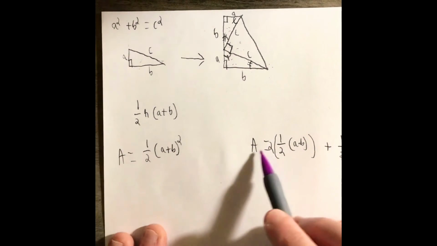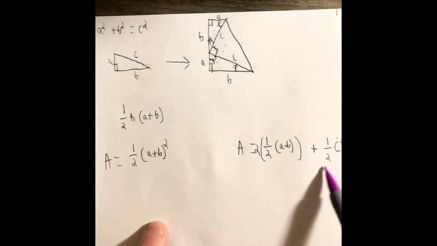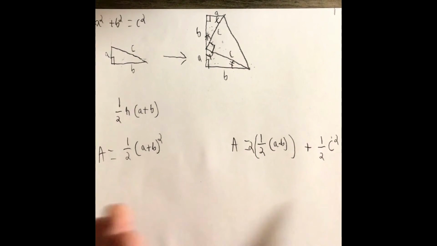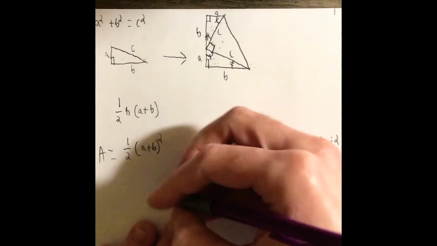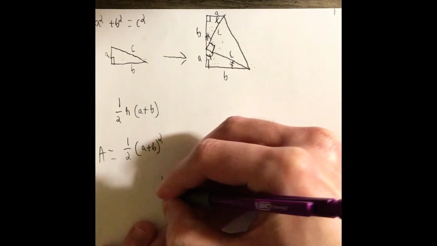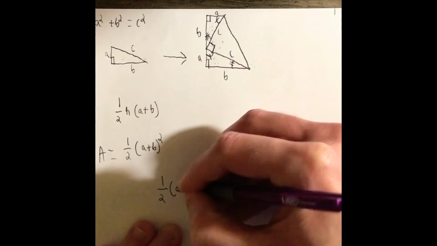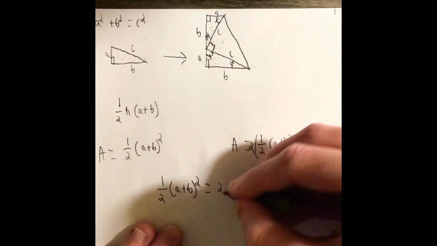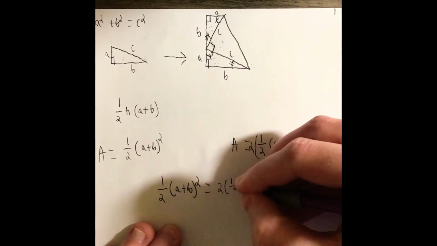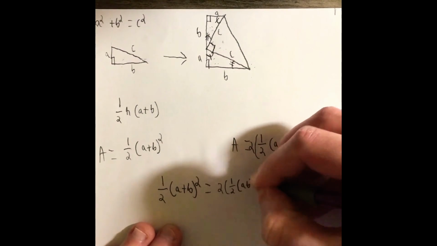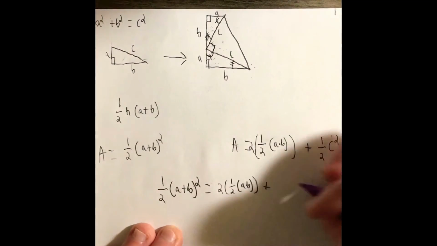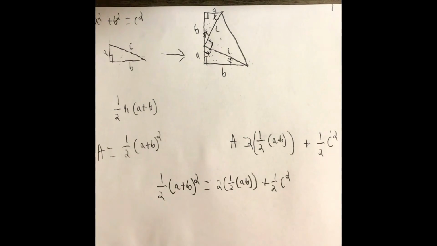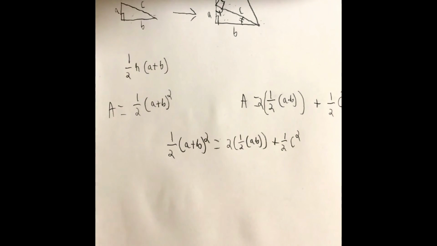Okay, so now you have the area represented in two different ways. Sorry, that kind of went off the page there. So area is represented in two different ways. So now you can say 1/2 (a plus b) squared equals 2 times 1/2 ab plus 1/2 c squared. And then you kind of just manipulate it algebraically.